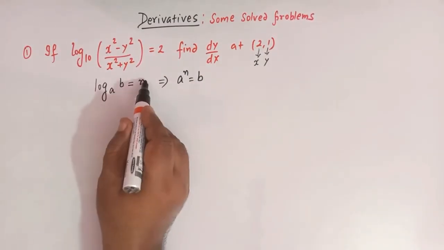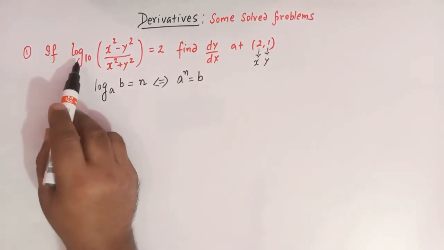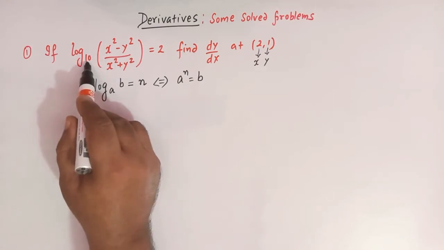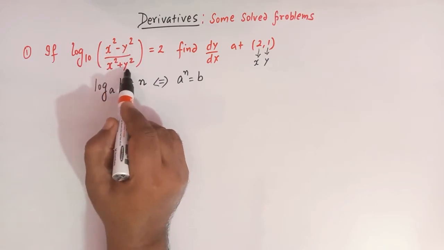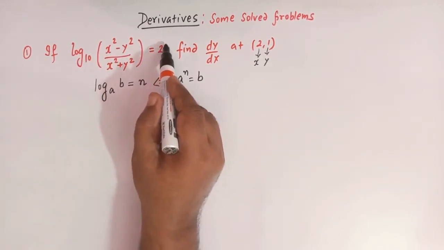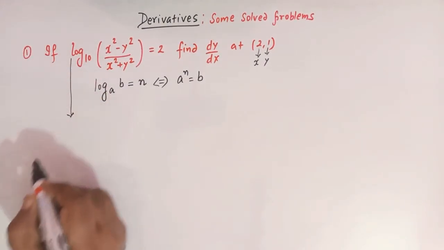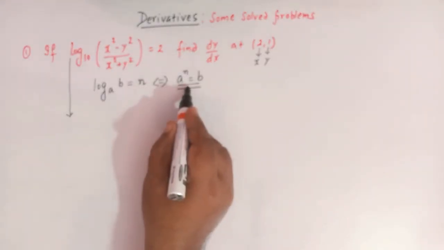So these two expressions are equivalent. Comparing, a is equal to 10, for b we have (x square minus y square) over (x square plus y square), and for n we have 2. So now this expression can be reduced to this one.